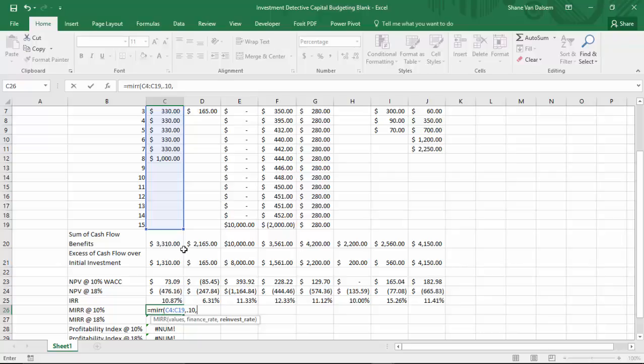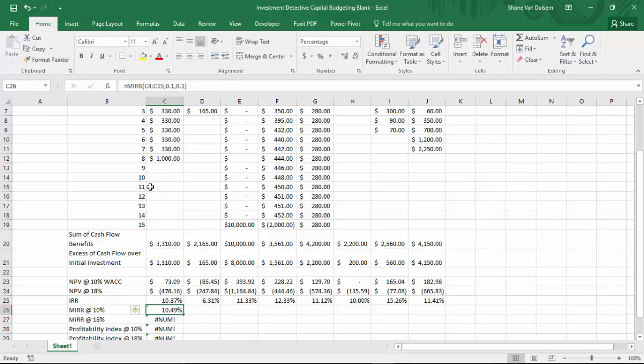So for project 1 here, if we used IRR, we assume that we're reinvesting this $330,000 per year back at 10.87%. If we're using NPV at 10%, we're assuming we're reinvesting back at 10% instead of 10.87. You can choose whatever reinvestment rate you want. For our purposes, we're just going to use the weighted average cost of capital.